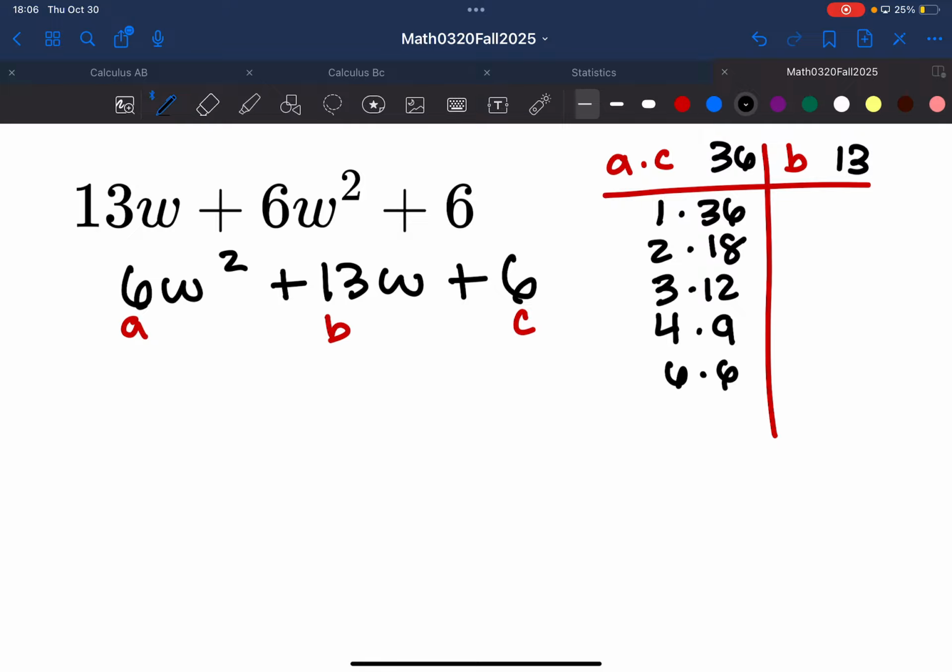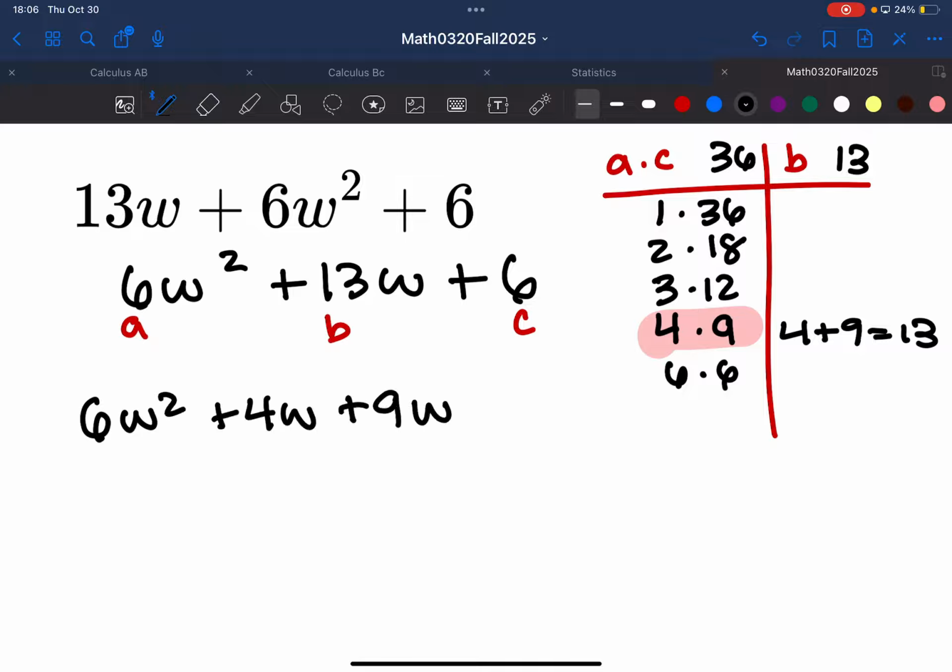Okay. So then which of these would add up to 13? 4 and 9. Those would be the only ones that give us 13. Okay, so then I go ahead and plug these in. So 6w squared plus 4w plus 9w plus 6.